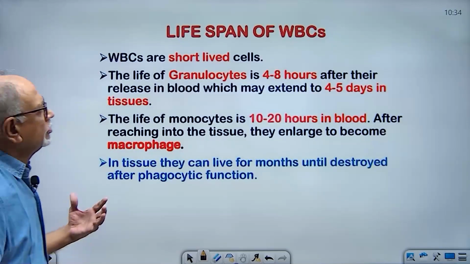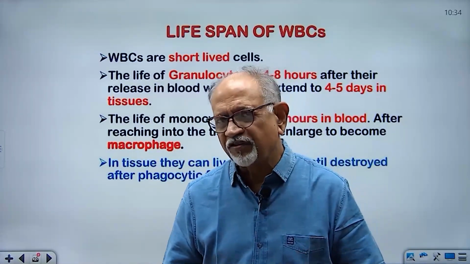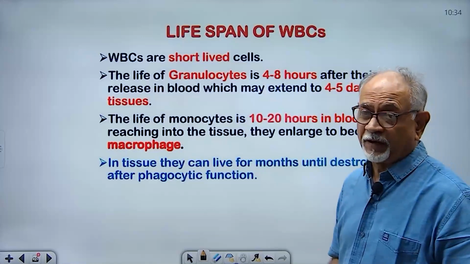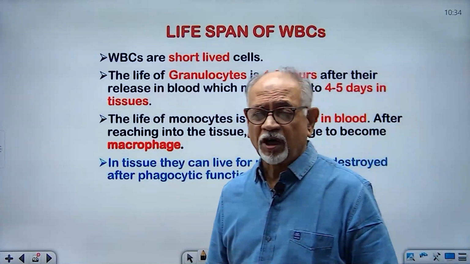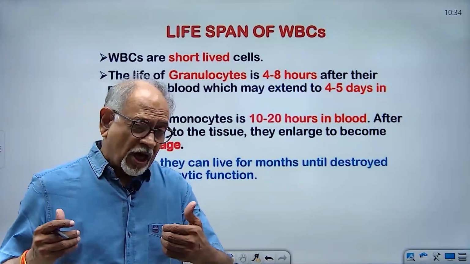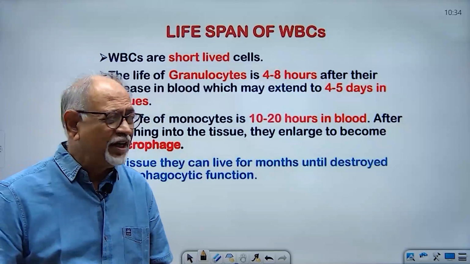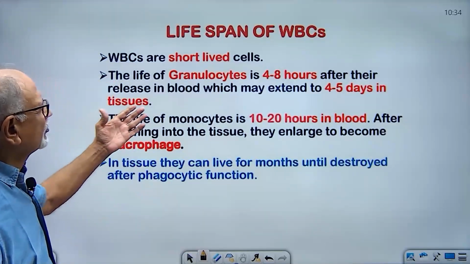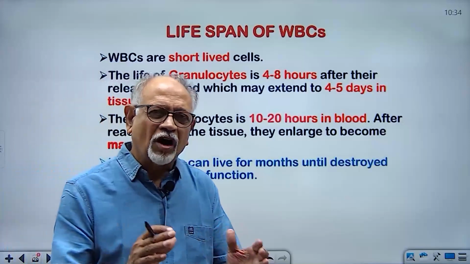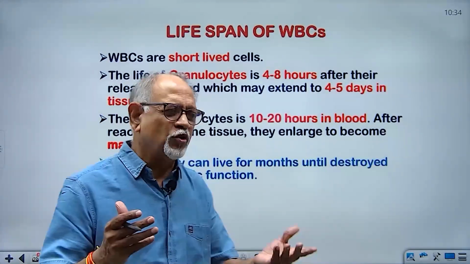Now, an important factor about leukocytes or white blood cells is their shorter lifespan as compared to RBCs, which are functional for about 4 months, that is 120 days. The total lifespan of WBCs is just a few hours to a few weeks, or sometimes a few months.